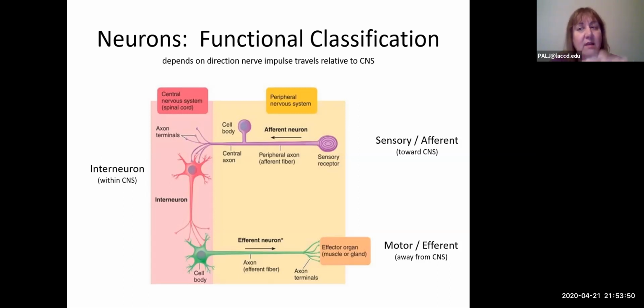Inter, the prefix meaning between. Okay, so three functional classes: sensory, also known as afferent, then the optional interneuron, which is in the central nervous system, and then a motor or efferent neuron. So towards the CNS, in the CNS, which is the option, and out of the CNS.